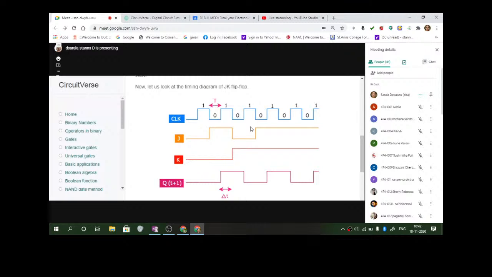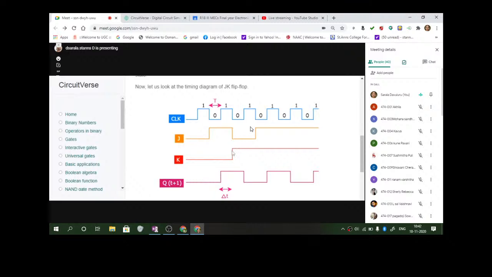But what is happening at this stage? The transition has gone already. It changes only after a delay of this time that it goes high. At the negative transition, this is going low, this is going high. So what is expected when J is going low?